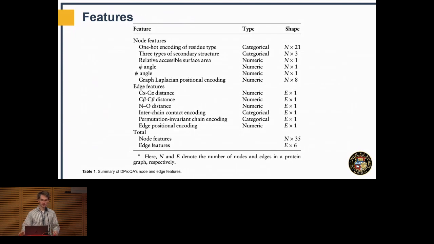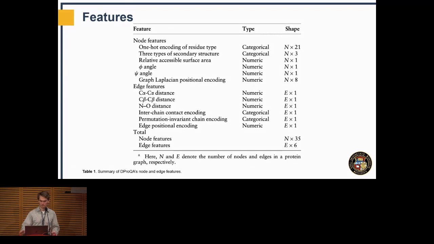Then for the edge features, if we're connecting two carbon alpha atoms, that would be, for example, the carbon alpha distances, carbon betas, and so on. A particular note, we have interchain contact encodings. We use a method called Glinter to essentially predict the contacts between protein chains. So if two residues are connected to each other and they're from different chains, that contact encoding will essentially be a 1, telling our model, oh, this is where the interface is.